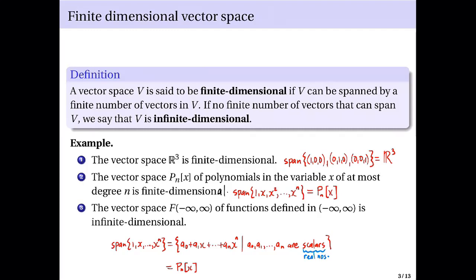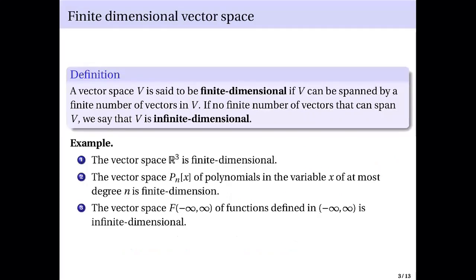For the first item, let me just show how we do this span. If we get any vector in R3, a vector in R3 is represented by (a, b, c). This is an element of R3.